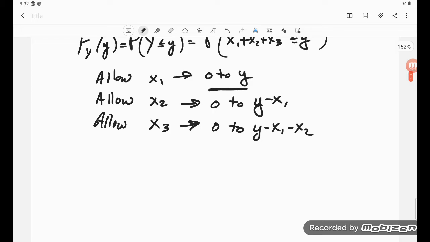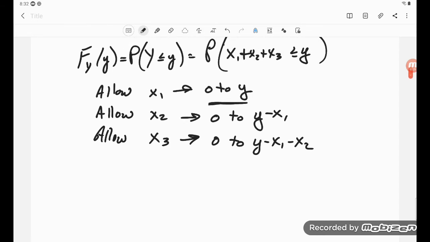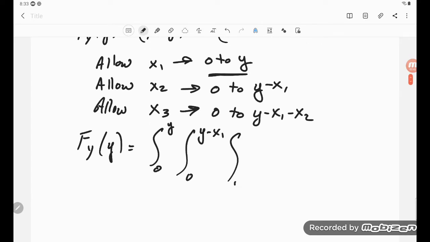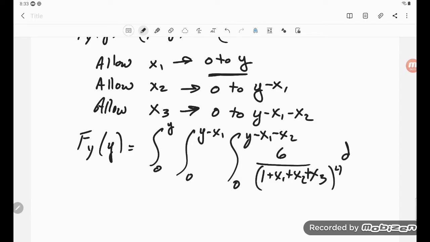And so now we would then have that our F_Y(y) is this integral from 0 to y, and then an integral from 0 to y minus x1, and then an integral from 0 to y minus x1 minus x2 of our 6 over (1 plus x1 plus x2 plus x3) all to the fourth, dx3, dx2, dx1.